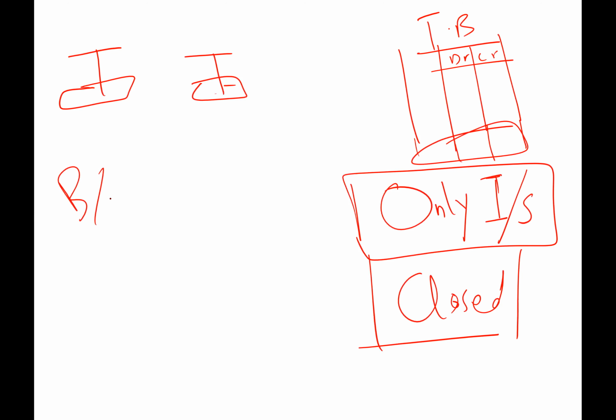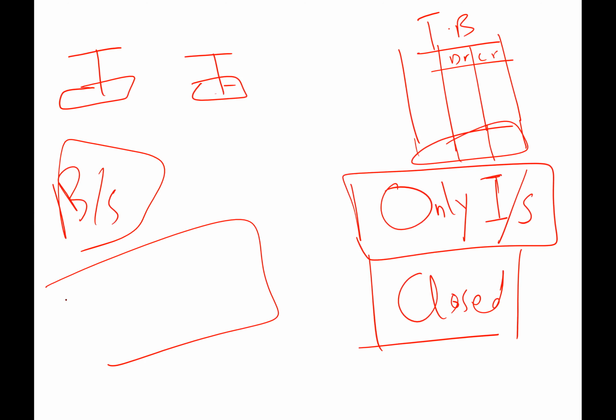Whereas the balance sheet accounts, they will move on or carry forward. So that's why we see on the balance sheet accounts payable, account receivable, cash, right? But all those accounts that belong to income statement must be closed.